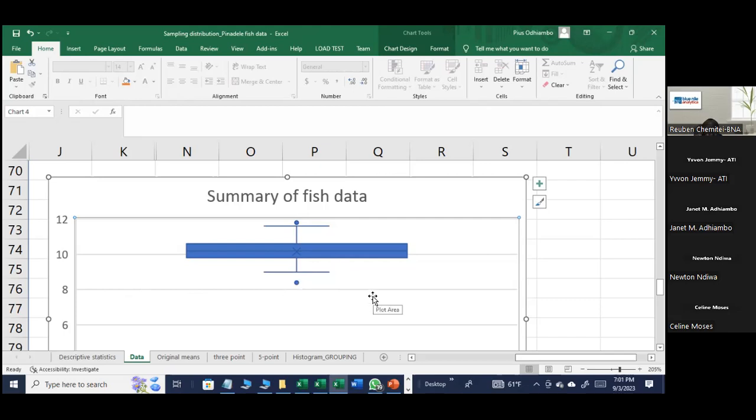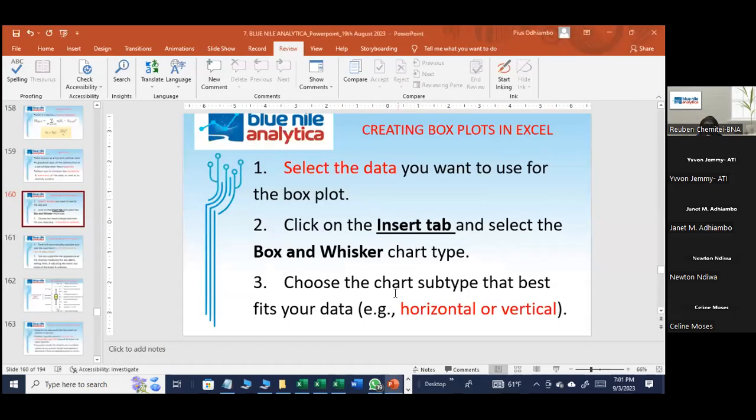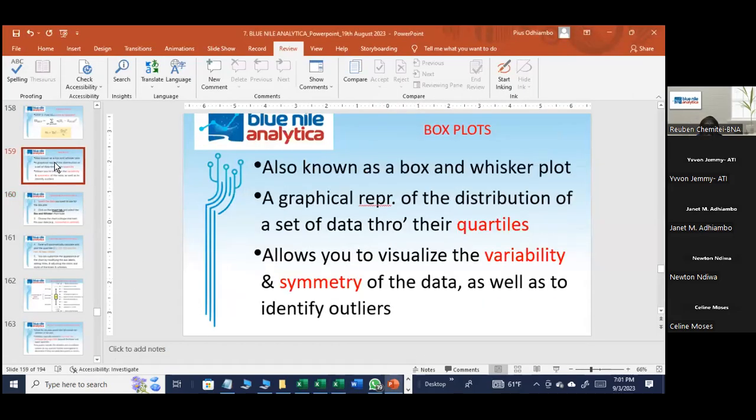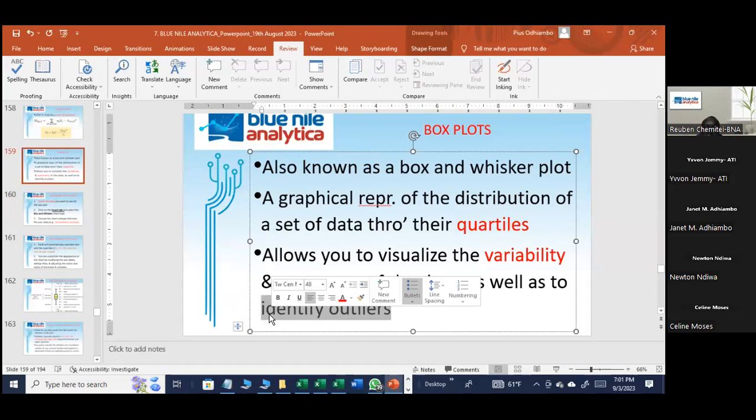So this is how you run box plots. A box plot will give you the summary of how the data is looking, and from a box plot, you can even tell whether the data is normal or not. In other words, you can visualize the variability and the symmetry of the data, and you'll also be able to identify the outliers. Maybe for those of you who are learning Python, you may have come across box plots.